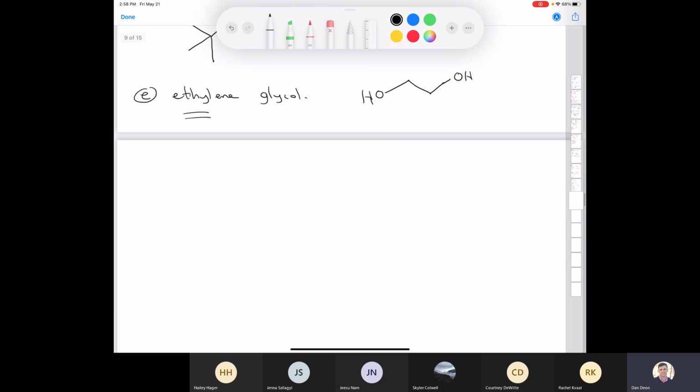If you've studied biology, and I know that many of you have, you would have seen something like this where you have a triglyceride. So everybody should know what the structure of a triglyceride is, right? This is just a fat.